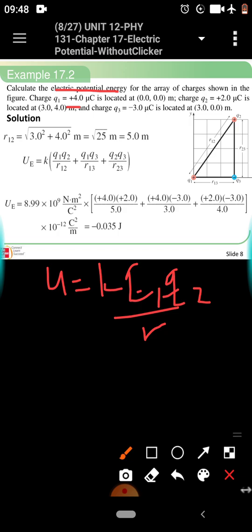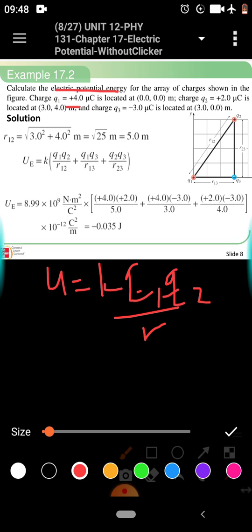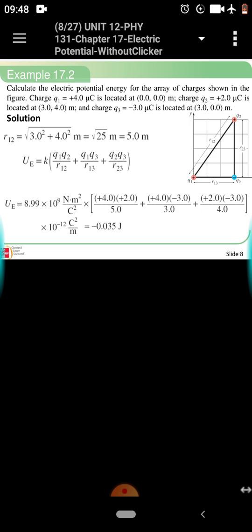So we'll need to figure out the pairs. This is how we figure out the pairs: we'll pair these two, then this one, then this one. So we expect 3 pairs. Let's go over that.